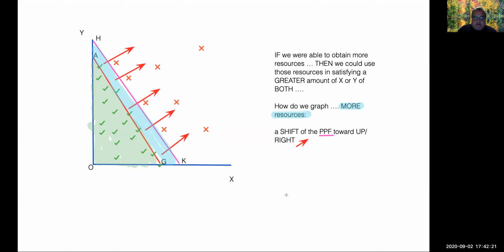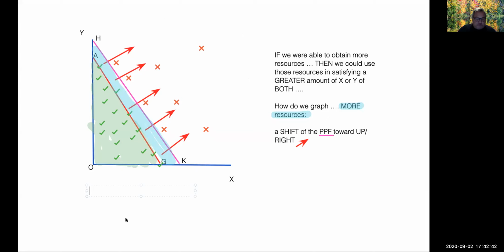So I hope that makes sense, that one of the things that makes for an expansion of productivity in an economy, or an expansion of consumption, or of attainability of greater benefit in an economy, is more resources.